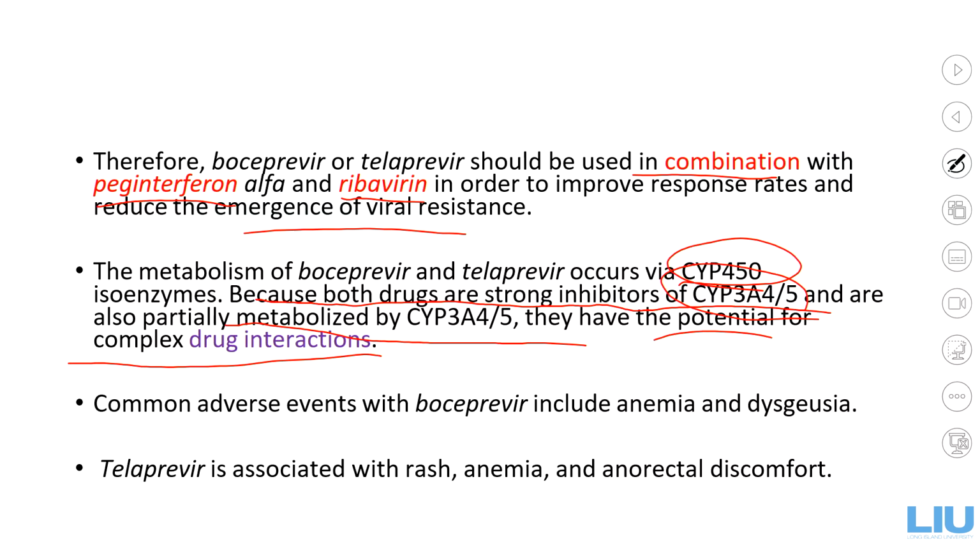These are concepts we already know, so you don't have to memorize which drugs, which enzymes, just understand how they could interfere. Common adverse effects include anemia and rash. Again, I don't expect you to know the side effects too much at this point.